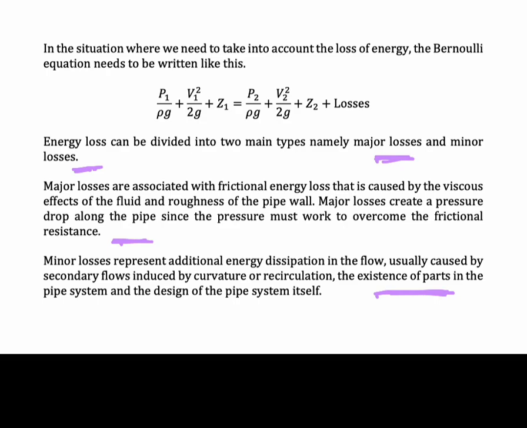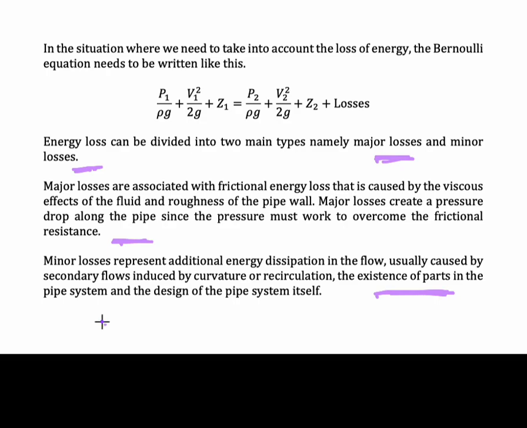Major losses mean the losses that must occur in flow. We cannot neglect that friction is there and a certain portion of energy needs to overcome the friction all the time. Friction in fluid flow is actually not controllable, and for sure losses must occur.